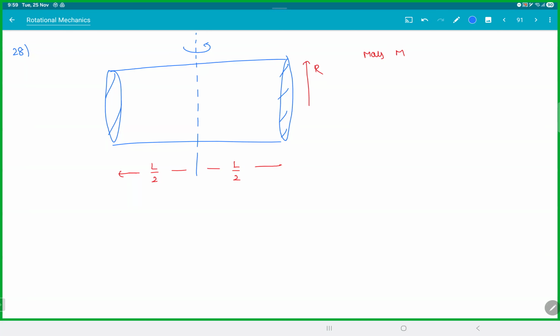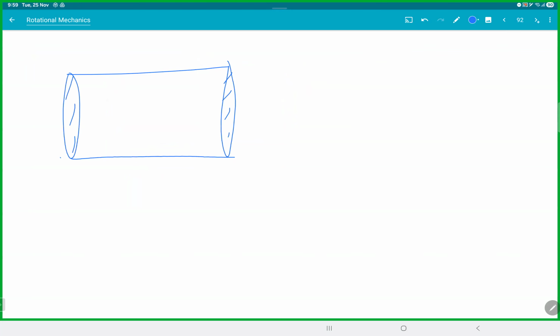Let's see. So from the center, at a distance x, take a thin disk whose thickness is dx.